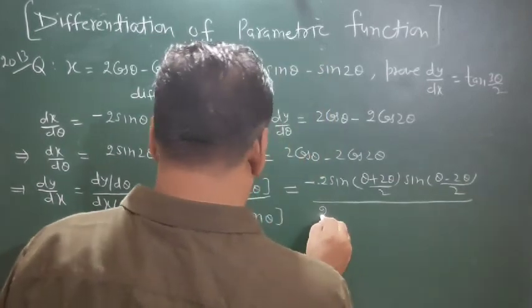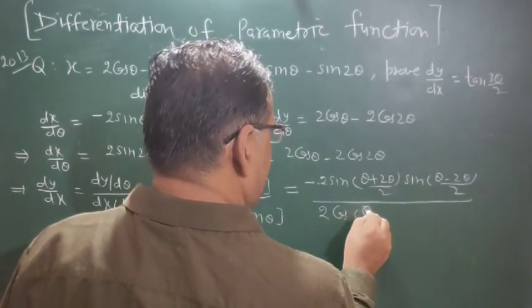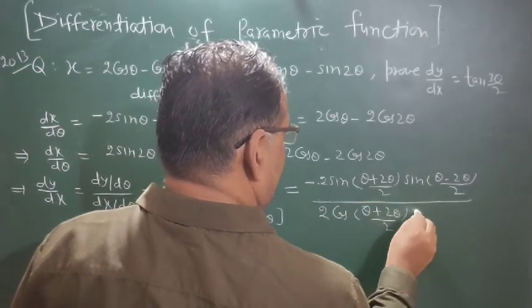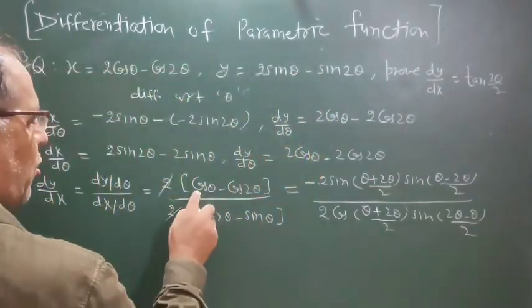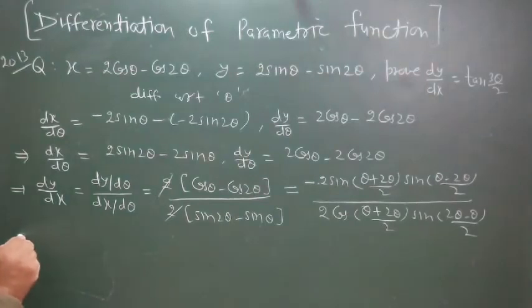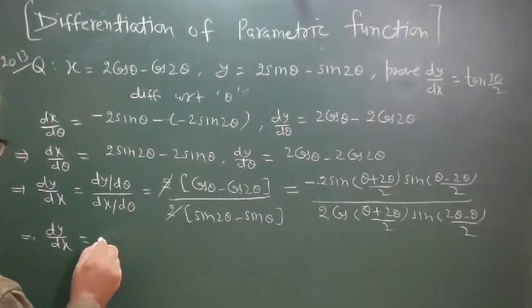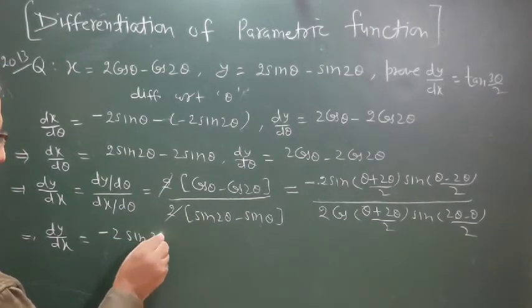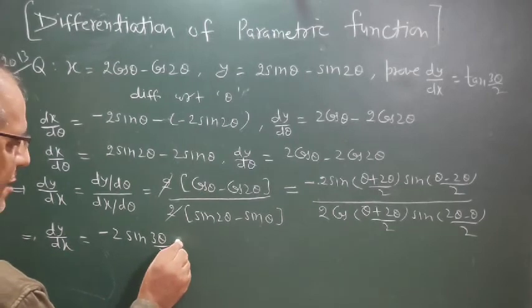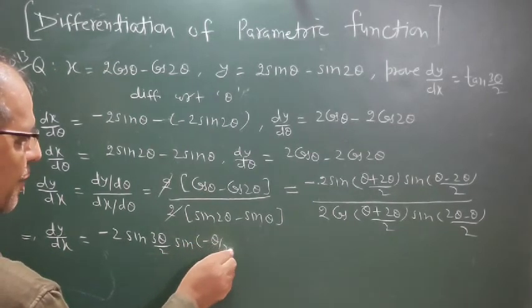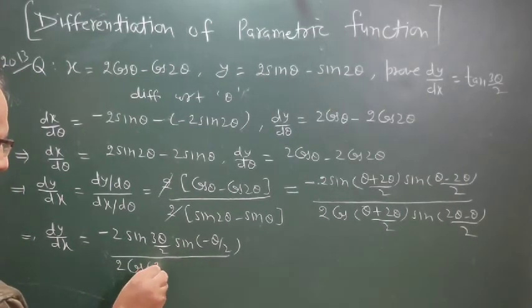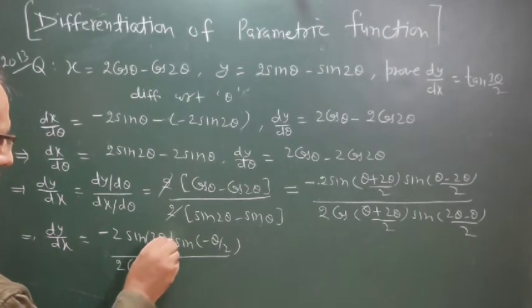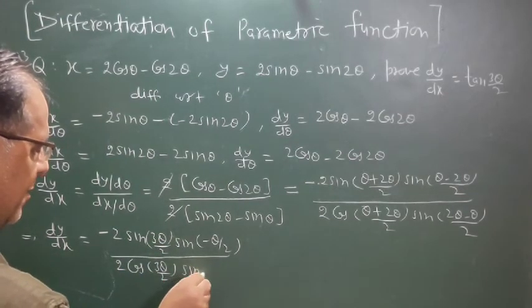Similarly, 2 cos (2 theta plus theta) upon 2 and sin (2 theta minus theta) upon 2. Here cos C minus cos D, here sin C minus sin D. So in the next step, dy over dx becomes minus 2 sin 3 theta by 2 sin minus theta by 2 upon, in the denominator, 2 cos 3 theta by 2 and sin theta by 2.